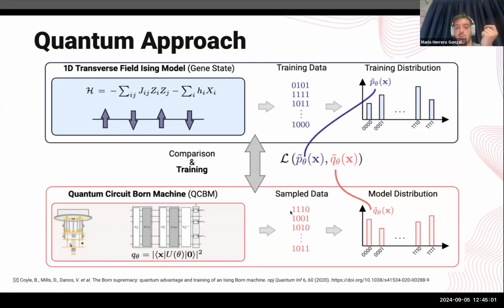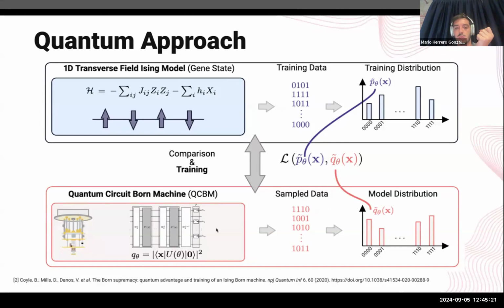So this sample data will be, again, ones and zeros, meaning that we can compare with a loss function the probability obtained from our spin chain and the probability obtained from our quantum circuit Born machine, which is just the variational algorithm I was talking about.